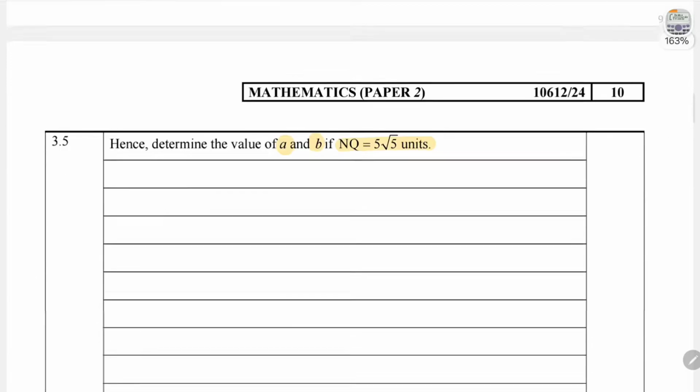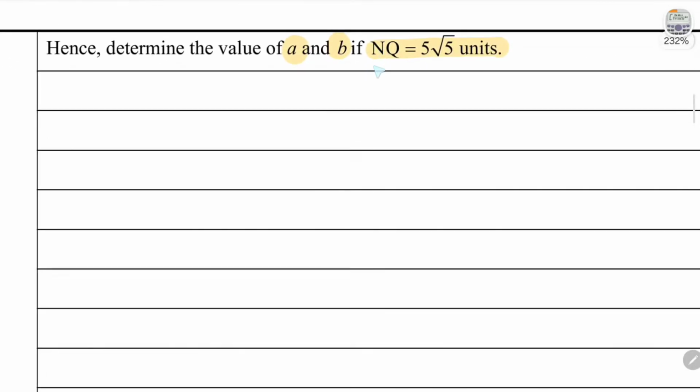You would notice that if they give you a length of a line, if you knew the length of a line, but you didn't know 2 points on it, meaning you have 2 missing variables, it's not going to be enough to find that A and that B value. But if you express them in terms of the same variable, then you'd be able to find it because now your equation will only have 1 variable and you can solve for that. So that's the whole point here.